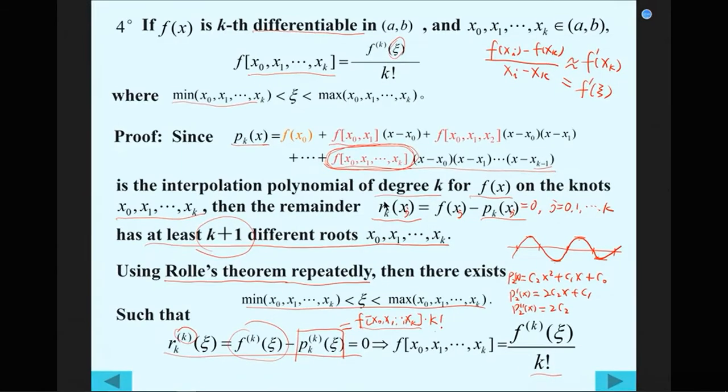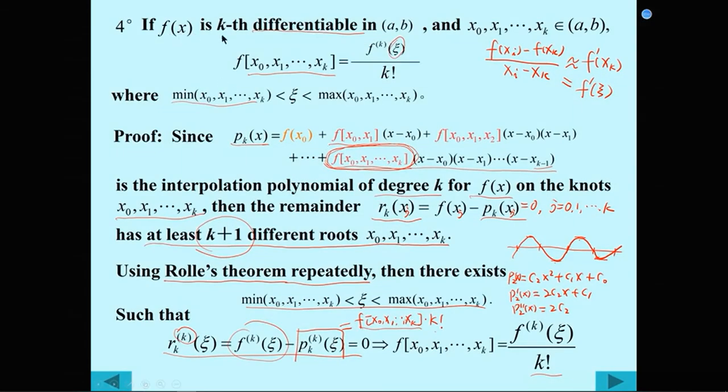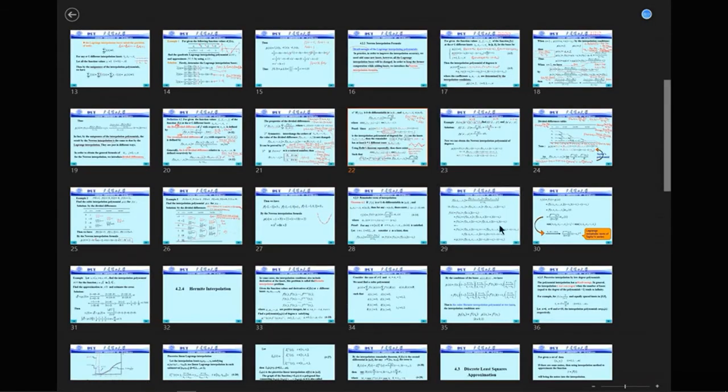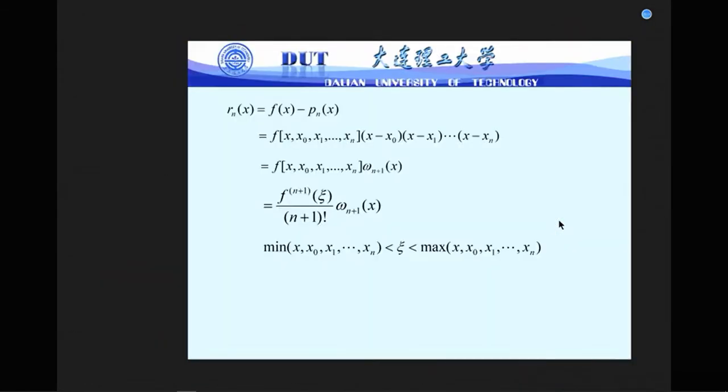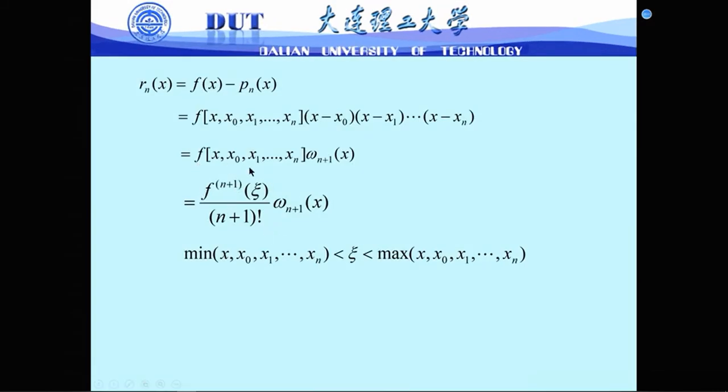Now you see, if f(x) is a k times differentiable function, then the kth order divided difference equals the kth order derivative of f at some c divided by k factorial. And here c is between the nodes. Okay? So let's come back here. Now you see, we use the property.